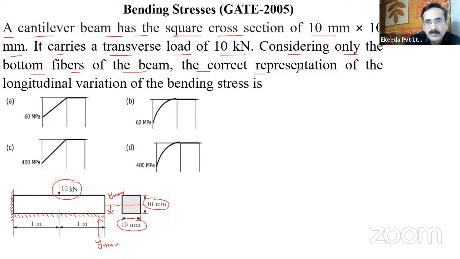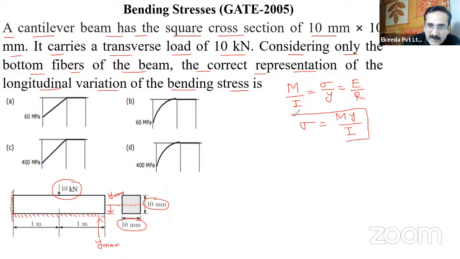The correct representation of the longitudinal variation of bending stress is how the bending stress is varying, right? We already know that M by I, sigma by Y, E by R. In that case, stress is My by I. Now in this case, Y is fixed.